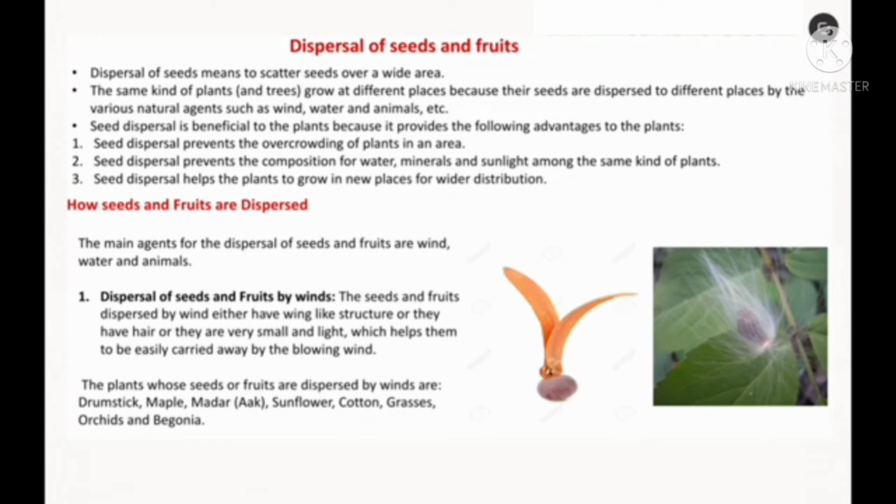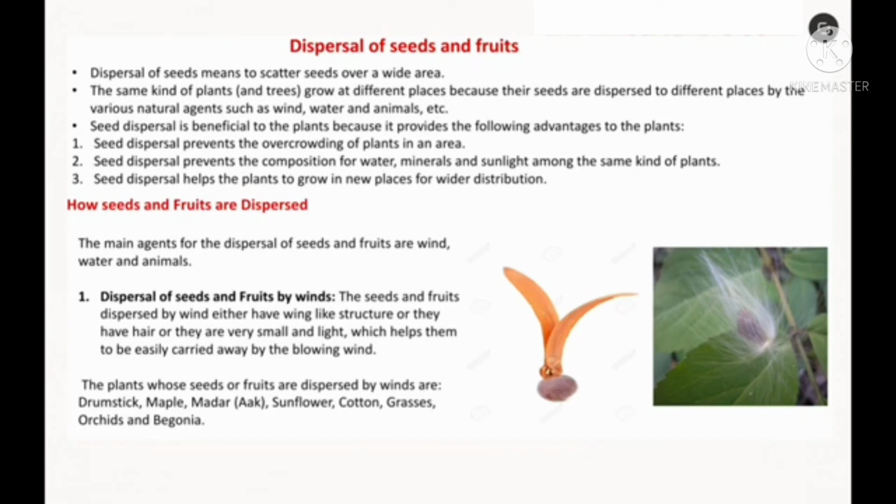Seed dispersal is beneficial to plants because it provides the following advantages. What are the advantages? Seed dispersal prevents overcrowding of plants in an area. It prevents competition for water, minerals, and sunlight among the same kind of plant. It helps the plant to grow in new places for wide distribution.